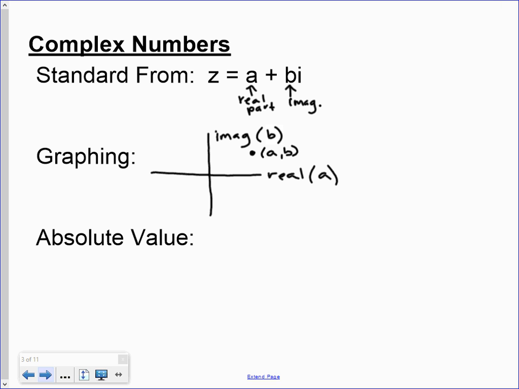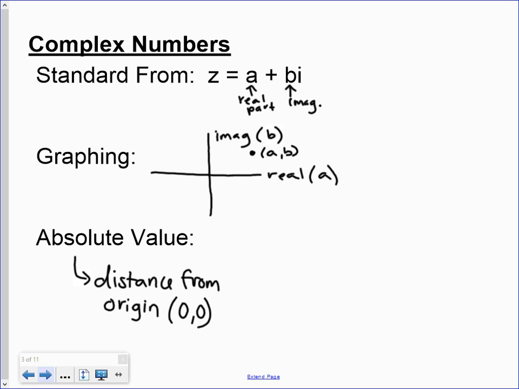So if we're doing absolute value of a complex number, it still represents the distance from 0, but in this case, we're talking about 0, 0, so it's the distance from the origin, 0, 0. And what Hugh said in the very beginning, that it's always positive, will still remain true because it still represents a distance, and distance is always positive.